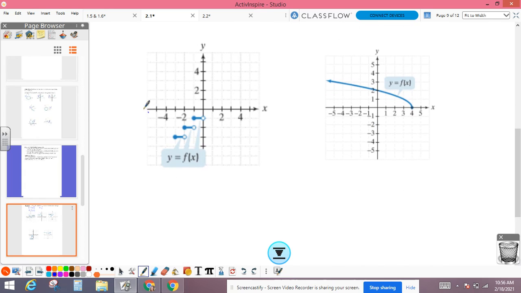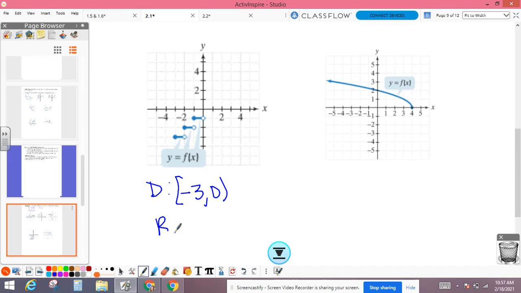All right, so for this one, for your domain, we cover every number from -3 up to 0, but not including 0. So this little open circle, that closed circle uses that number. So we go everywhere from -3 up to 0, but don't include 0.